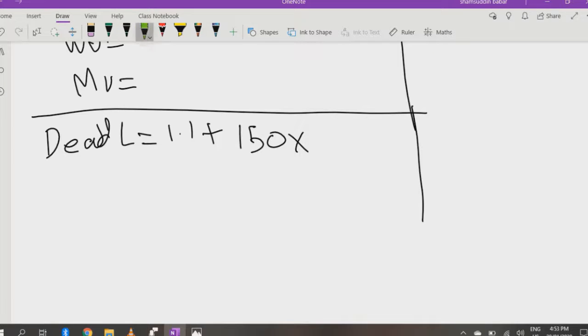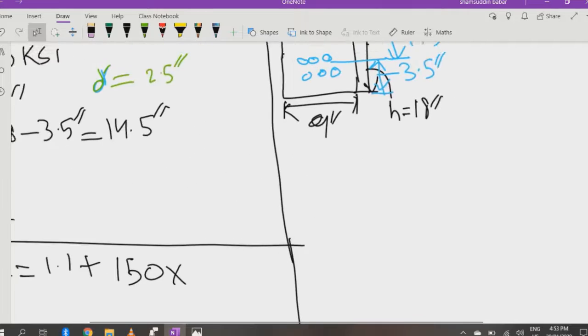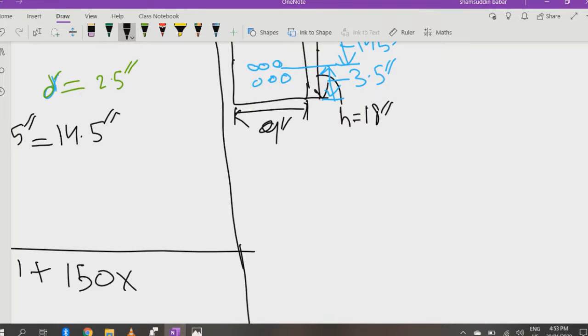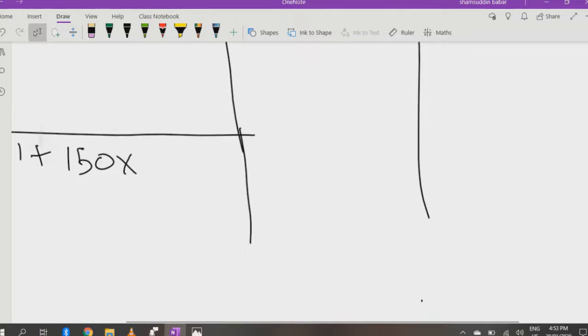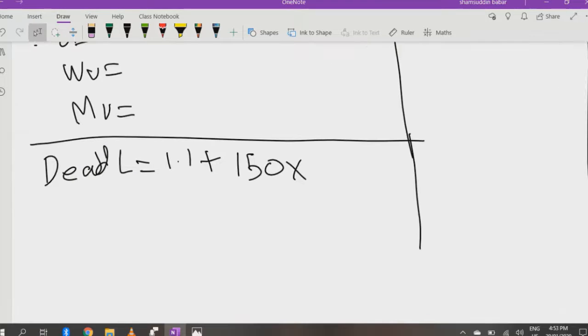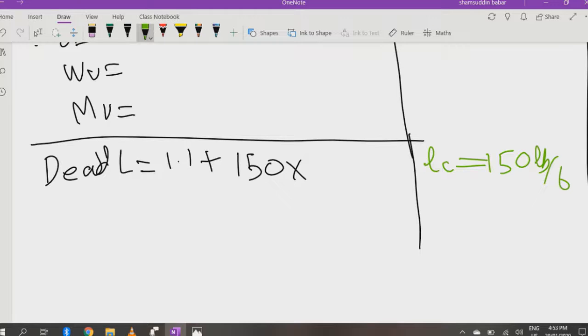What is this 150? I need a bit of rough work here, so I make this line. This 150 is the density of concrete, equal to 150 pounds per cubic feet.